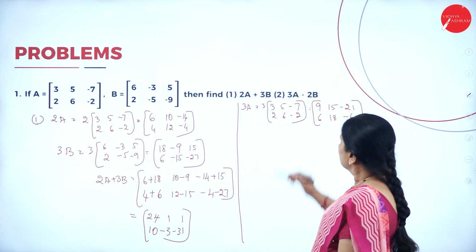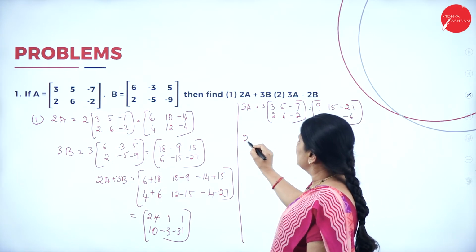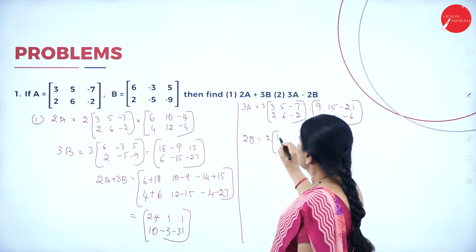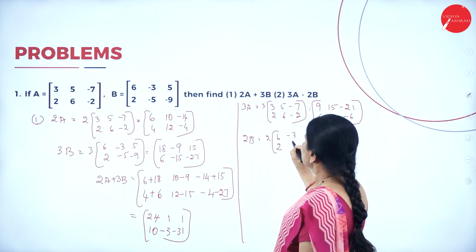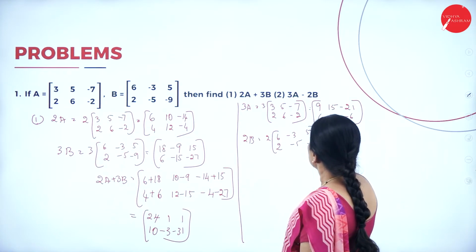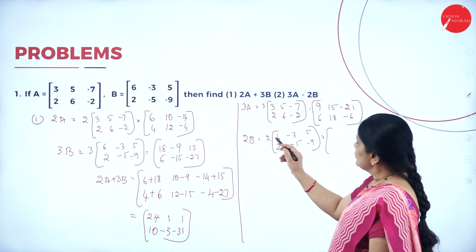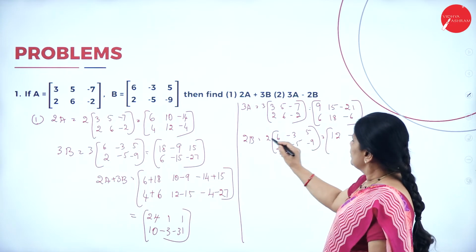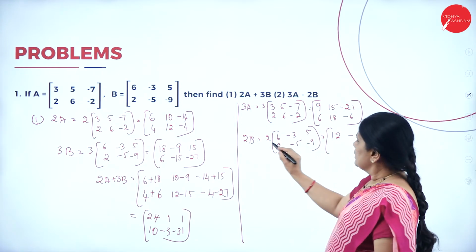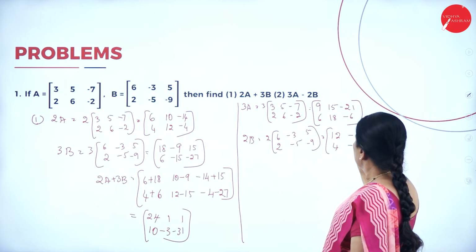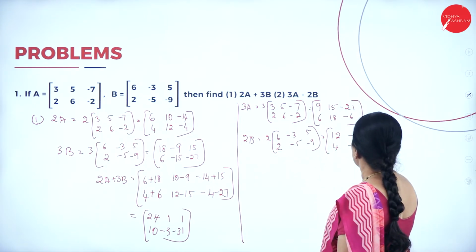Next, minus 2B. So, 2B equals 2 into 6, minus 3, 5, 2, minus 5, 9. So, this will be equal to 2 6s are 12, 2 3s are 6, 2 5s are 10, 2 2s are 4, 2 5s are 10, 2 9s are 18.